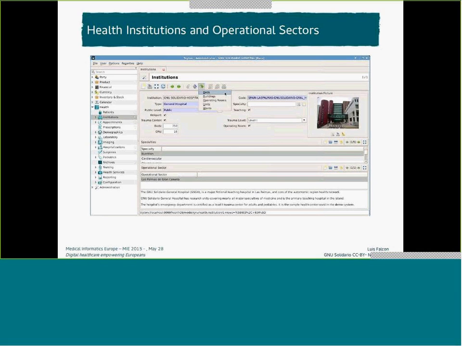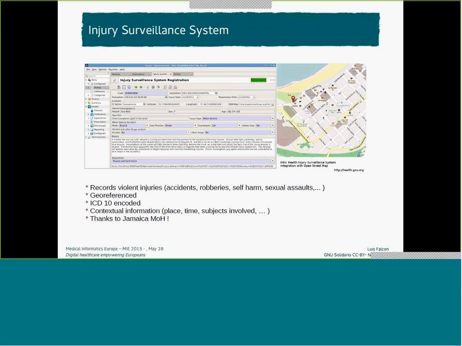The system was developed together with the WHO and the Jamaica Ministry of Health, and what they have done is integrate it into the new health system. Basically what it does is record violent injuries, by type, and usually you record this information at the emergency department.